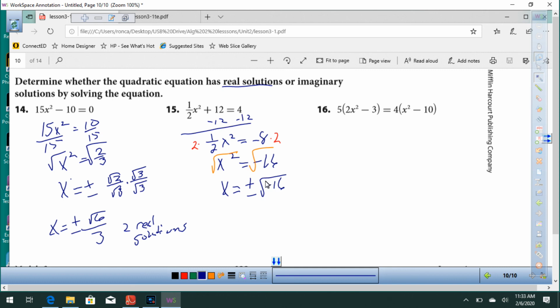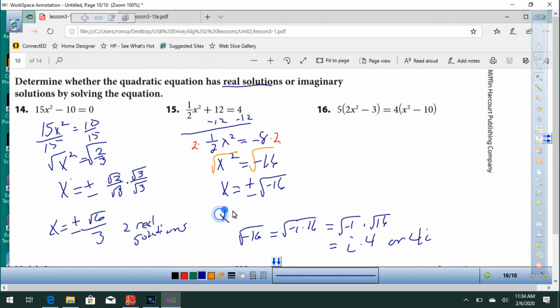Before, you used to have to say no real solution, but now we know the square root of negative 16 equals the square root of negative 1 times 16. So that's the square root of negative 1 times the square root of 16. The square root of negative 1 is i, and the square root of 16 is 4, or 4i.